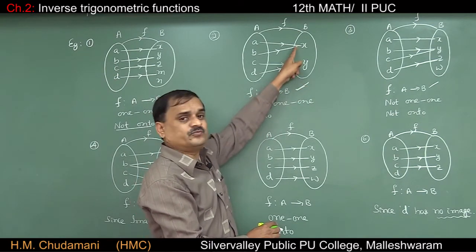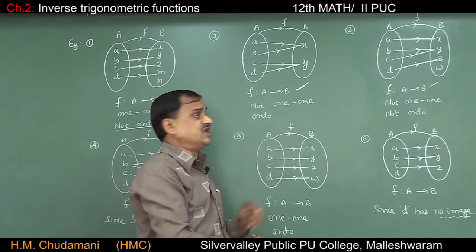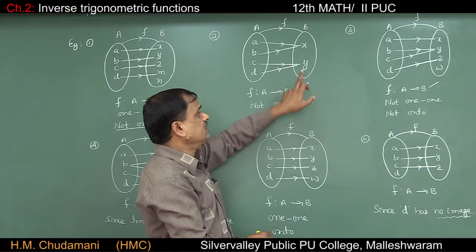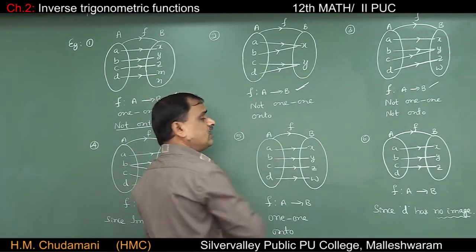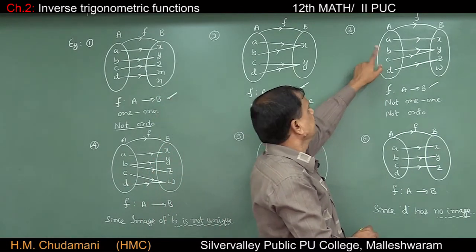Why? Because every element of the set B has at least one pre-image. Pre-image of x is a and b. Pre-image of y is c and d. So it is onto.